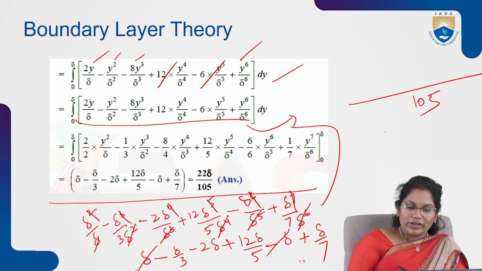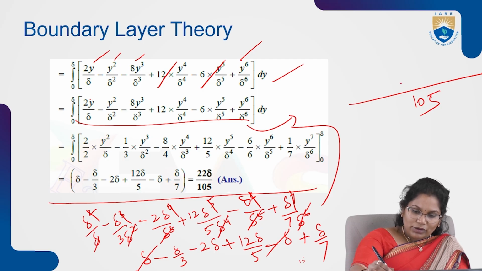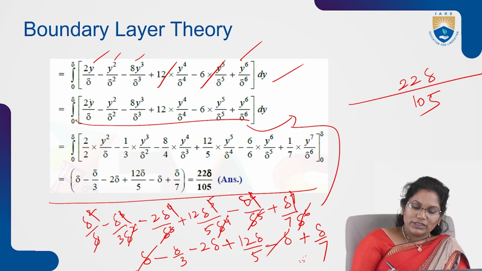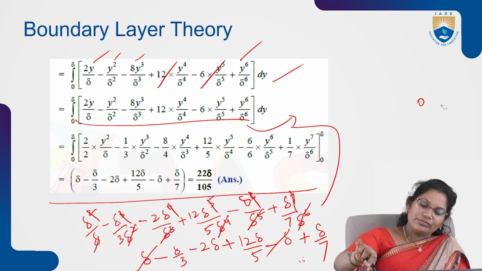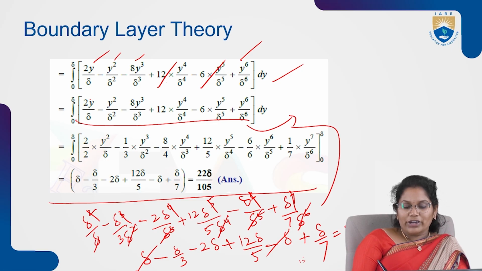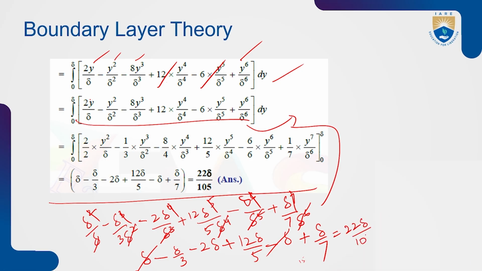So when you take the LCM of all these things and do the simplification, you will get 22 delta by 105. 22 delta by 105.